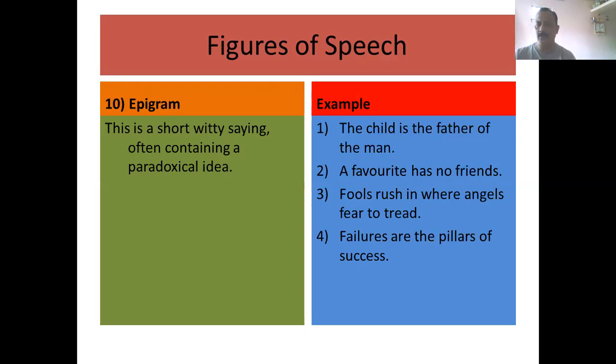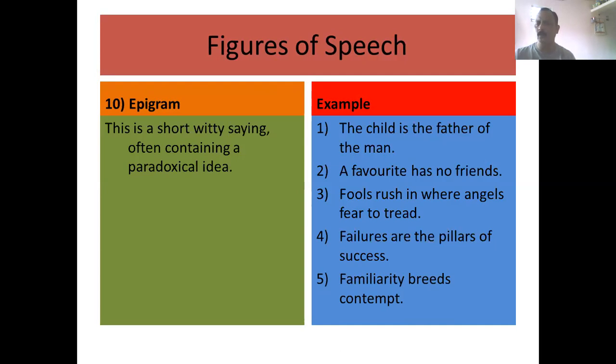So here also, such opposite ideas, paradoxical ideas, are used, but at the same time it is a witty or laughable saying, which is called epigram. Then, familiarity breeds contempt. Familiarity is there.